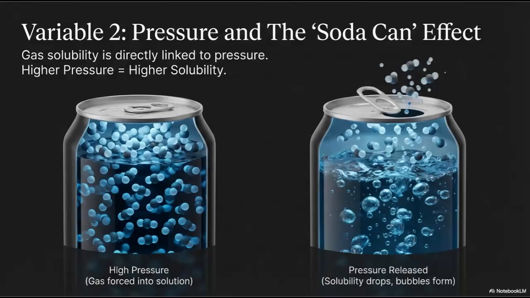Now, why is it that when you open a soda can, the bubbles escape? That has to do with pressure. It has nothing to do with temperature. When you decrease the pressure, solubility drops, causing bubbles to form and escape. Because the bubbles are escaping the liquid, that solubility goes down.